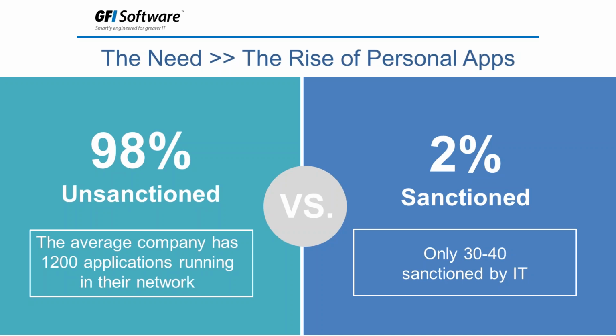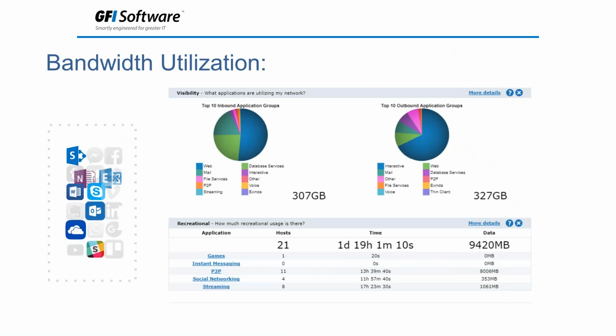Now conversely, this all relates to the fact that 2% of the applications are sanctioned. So IT has a very difficult job. The IT manager has to ensure that the network performs seamlessly, that this quality of service aspect is there, and that users aren't waiting for load times.